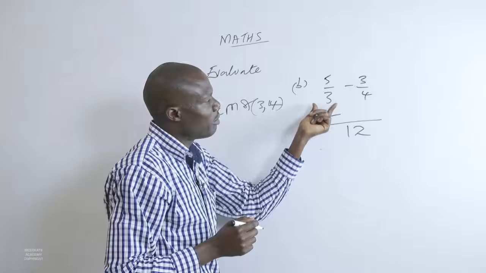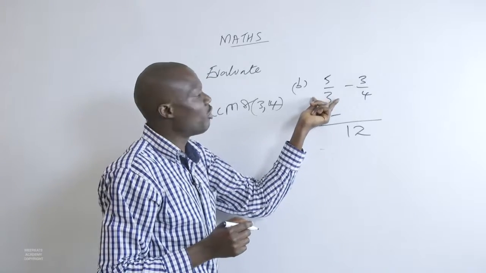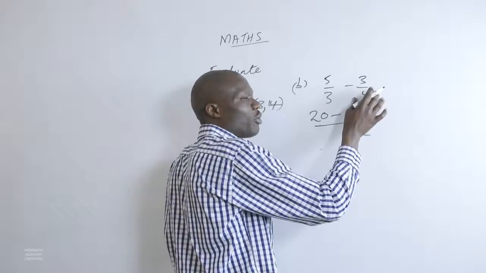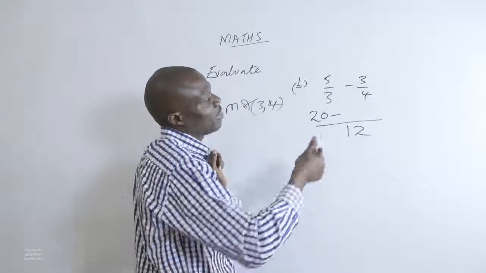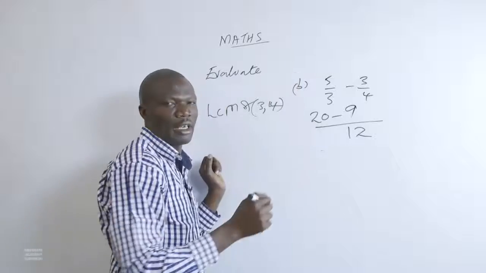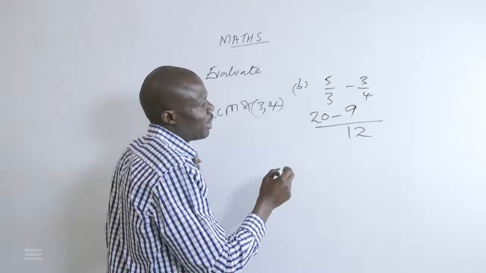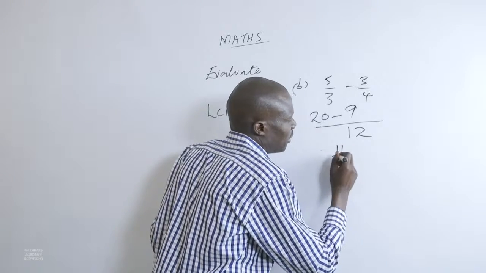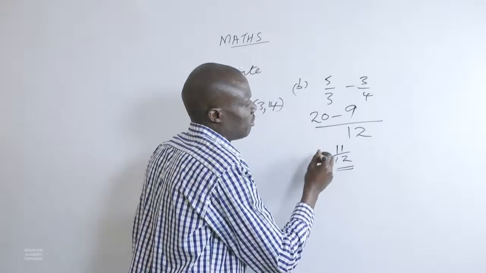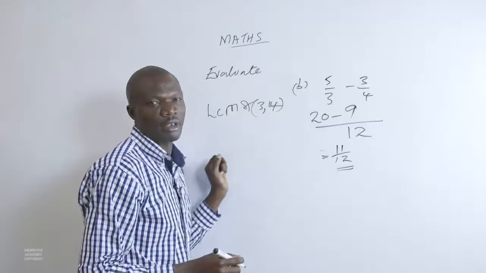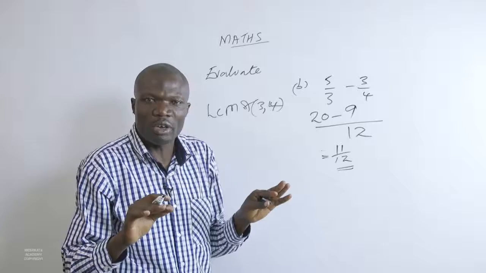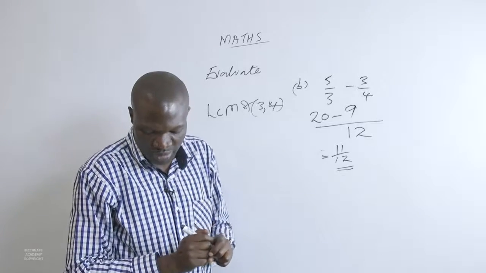So 12 divided by 3 is 4. 4 times 5 is 20. And then 12 divided by 4 is 3. And 3 times 3 is what? 9. When you subtract that, you find 20 minus 9 is 11 over 12. That is what you get, 11 over 12. We did this because the denominators were not the same.